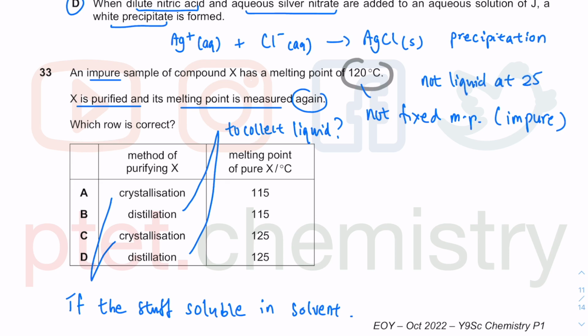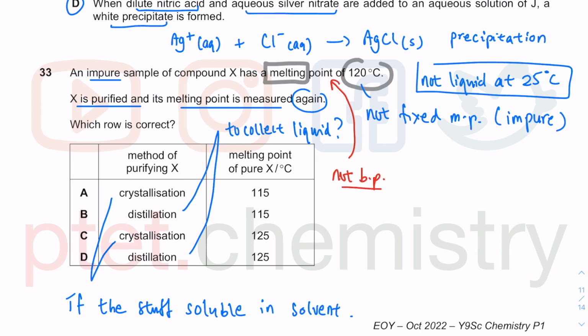Not liquid at 25 degrees Celsius. If it is not liquid at 25 degrees Celsius, it can be quite difficult to boil. And besides, this is melting. This is not boiling. If it is boiling, then yes. If your melting point is already that high, that means it's going to need a much higher temperature in order to boil. So it's not going to be practical for distillation. Has to be crystallization as a result of that.